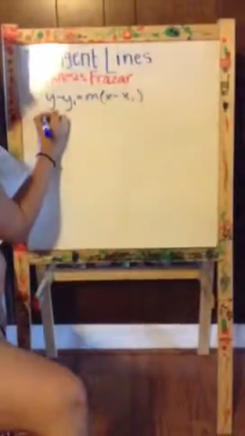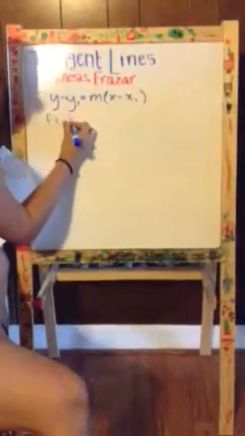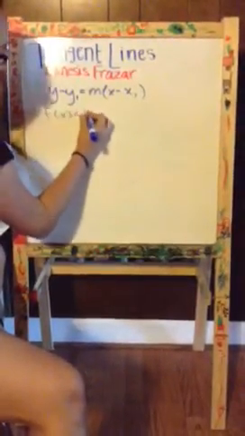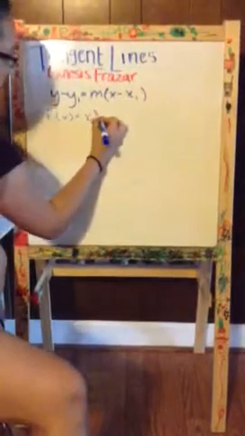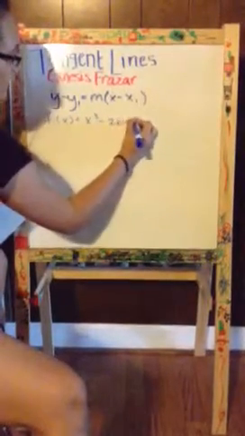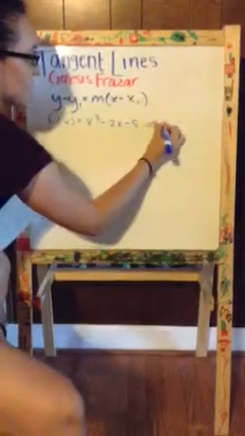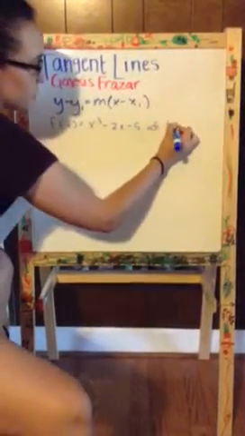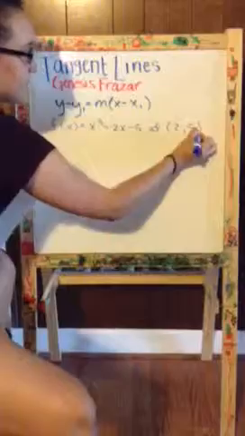Okay, so the first problem we have is f of x equals x cubed minus 2x plus 5 at the given point of 2, 5.